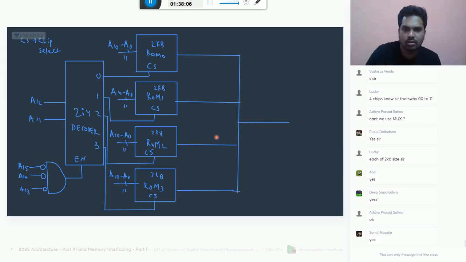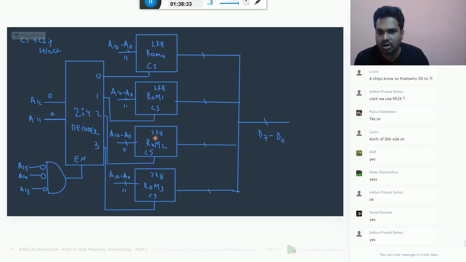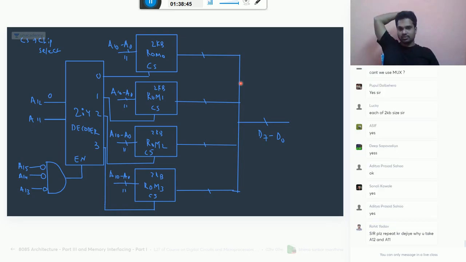Now this is the 8-bit data bus. All these data buses can be connected together. Even when you give a particular address, suppose it is 0, 0, only this part will be enabled, remaining will be disabled, and A10 to A0 will decide what data you will be getting. Any one of them will be selected, not all at a time. This is one method how to make your 8 KB RAM using 2 KB chips. You understand?